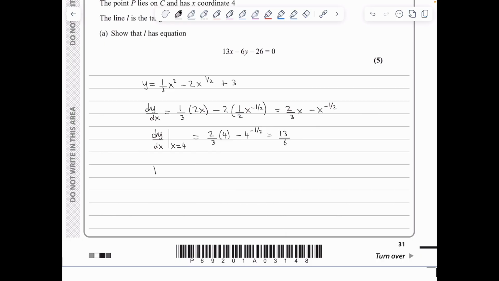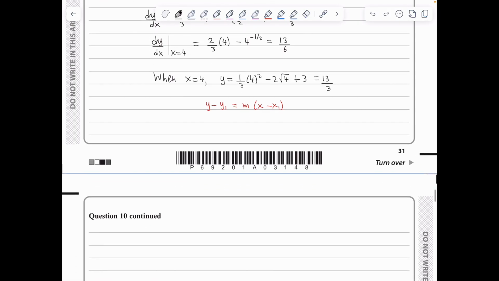I will also proceed in finding the y coordinate when x is 4. So y is a third times 4 squared minus 2 times root of 4 plus 3, which gives an answer of 13 over 3. And now that we've got the point through which we pass and the gradient of the line, we can use y minus y1 is m times x minus x1 to find the equation of the tangent.